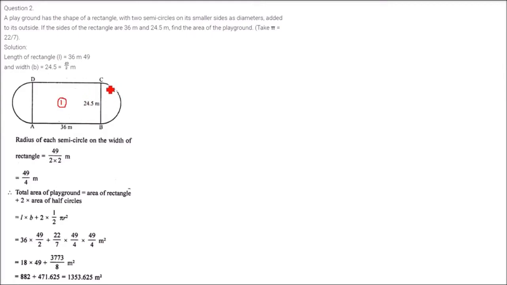So this is the first area, and you have to just understand that this is a semicircle and this is also a semicircle. So if I combine this second and third semicircle, then this will be a full circle because the diameter is same for both of them. So we have this as 24.5, so radius will be 24.5 by 2.